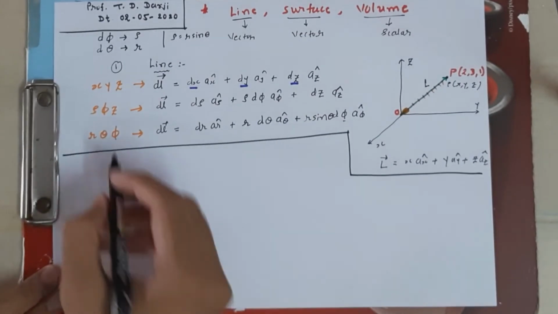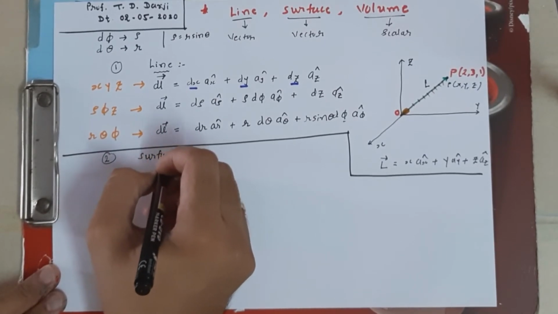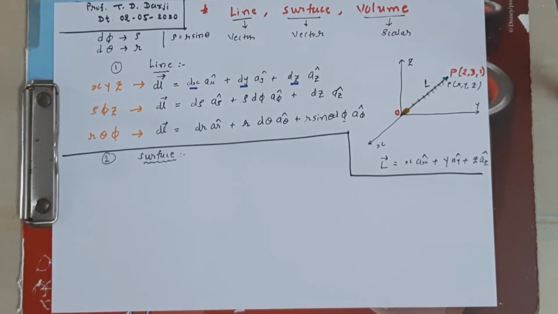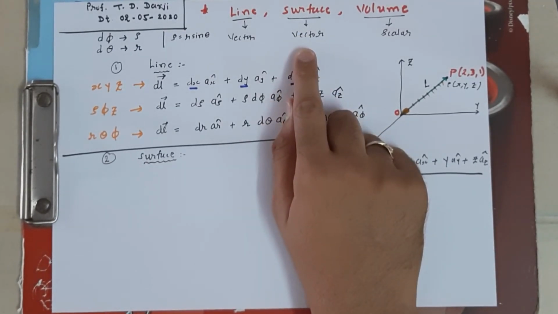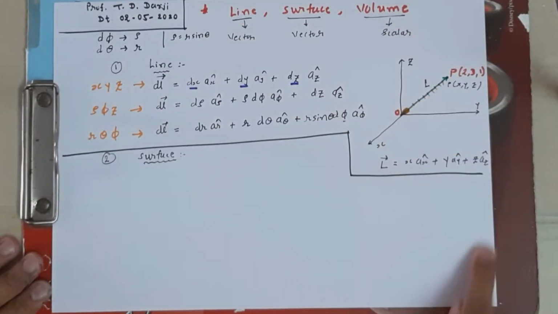Now next I have to write the equation for the differential surface. Second, surface. As we know, surface is also a vector quantity, and what is the direction of the surface? The surface direction is always perpendicular to it. Suppose I consider this page.